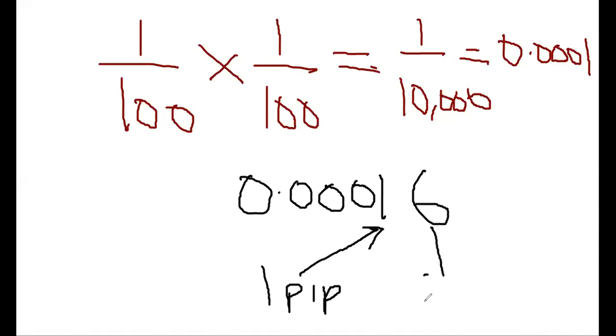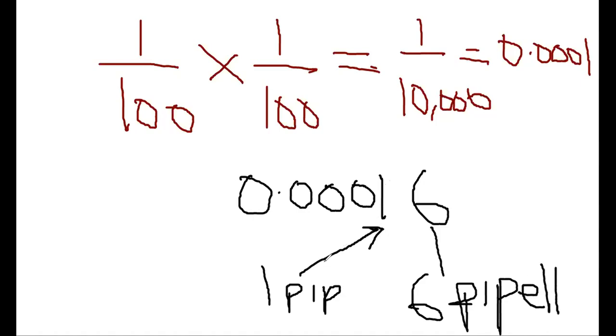And this is seen as 6 pipettes. Class, this is seen as 1 pip. This is seen as what? 6 pipettes. Now say something. If we have something like 0.0016, it means that's 1 pip and this is 6 pipettes.